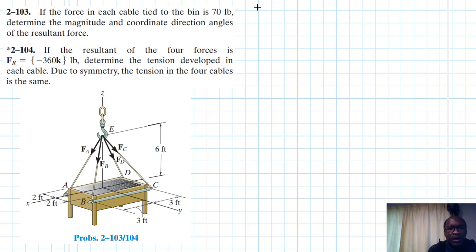So let me write down this, and we've also been told down there. So due to symmetry, we expect force Fa equal to force Fb equal to force Fc equal to force Fd equal to F.